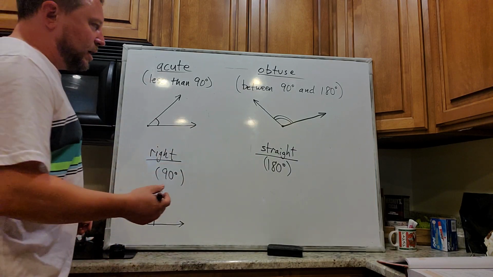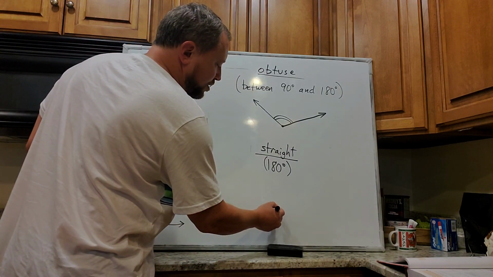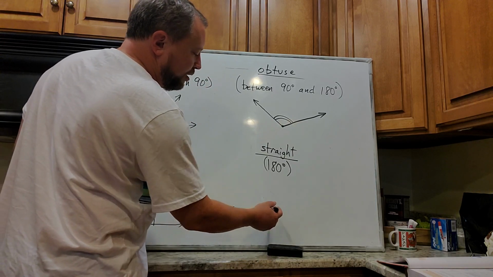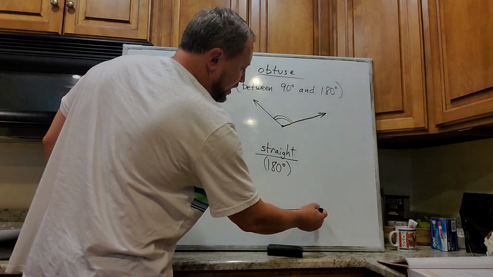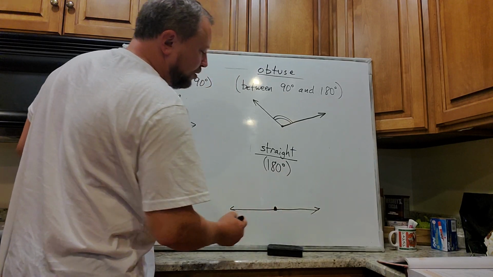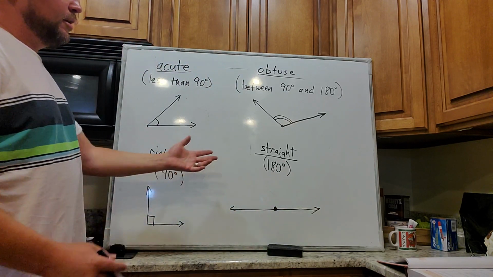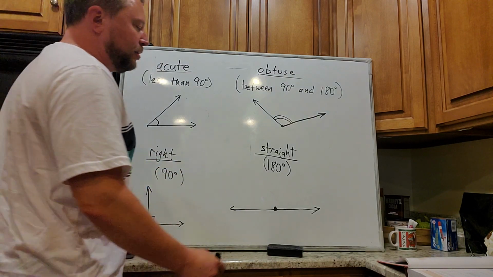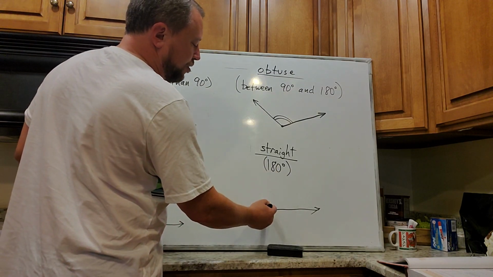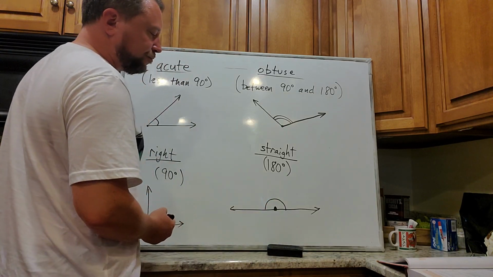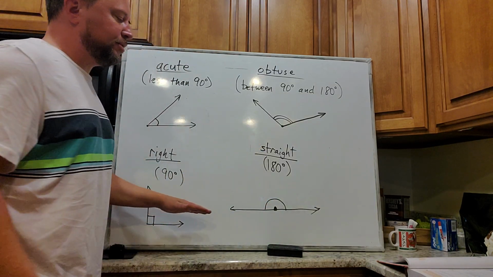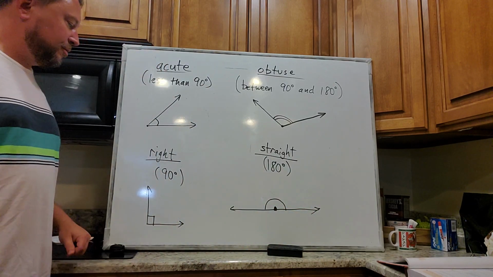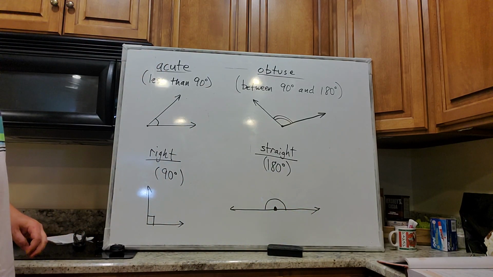If you can imagine this, you've got two rays. You'd have a starting point here, and one ray would run this way, the other ray would run in the exact opposite direction. That is still considered an angle in many textbooks, and it measures 180 degrees all the way across from there to there. So they call it a straight angle. As you can see, it makes a nice straight line. So that one's pretty obvious on how it got its name.